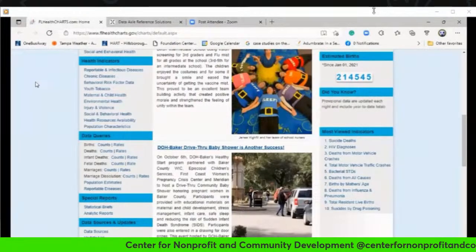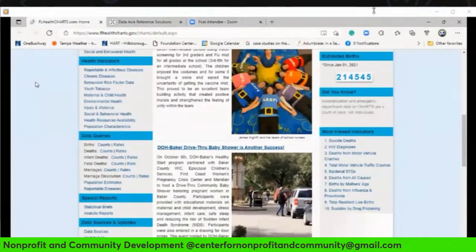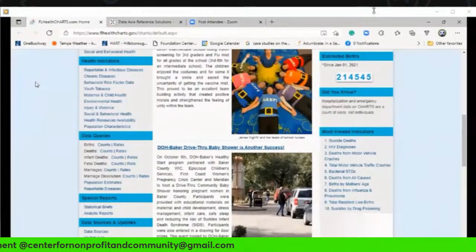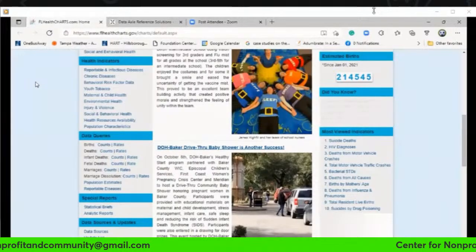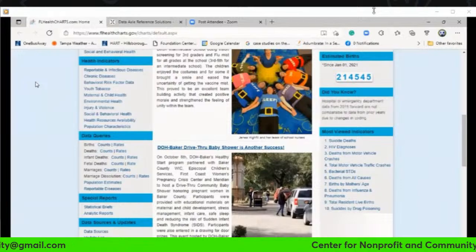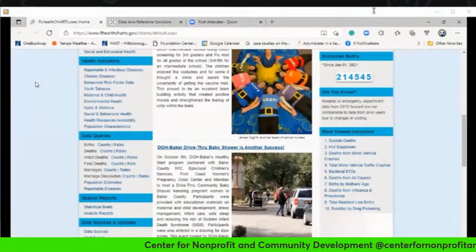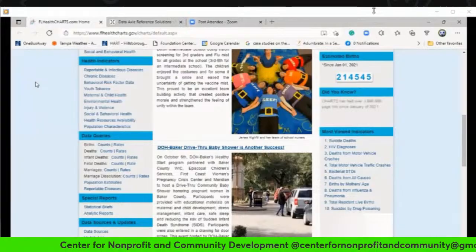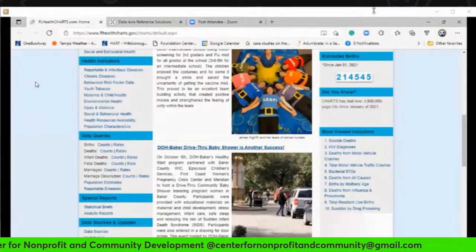If you want to talk about the level of violence in your community, this is where you go to get that data to show the violence associated with your community, the type of violence, and compare it to other areas to see how your area stacks up.